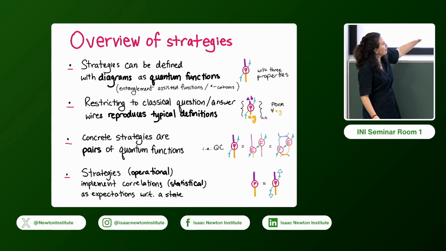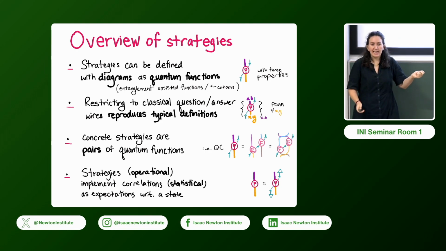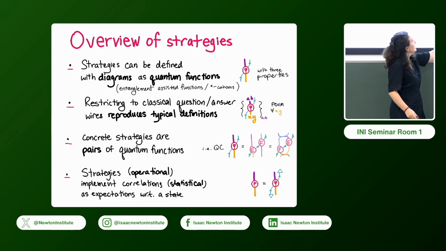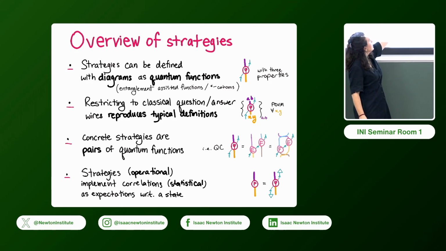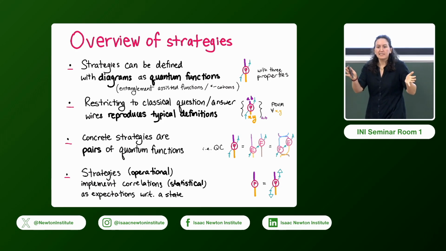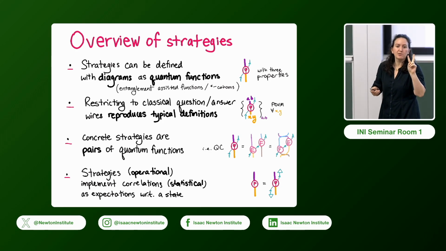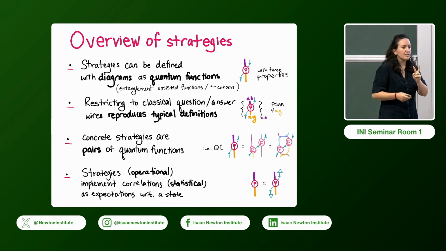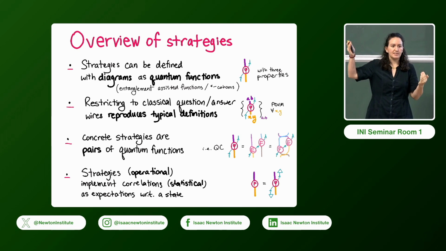The one that I work with the most is the quantum commuting class, and that can be represented as your strategy decomposing as a pair of, now you have 2 quantum functions instead of just 1. And they commute on the Hilbert space leg.